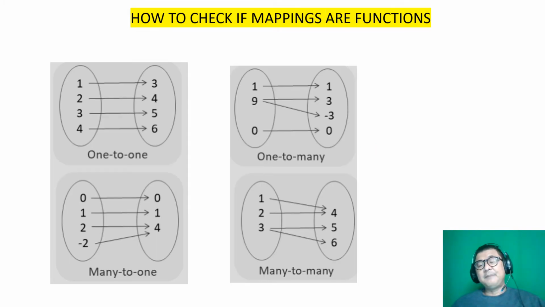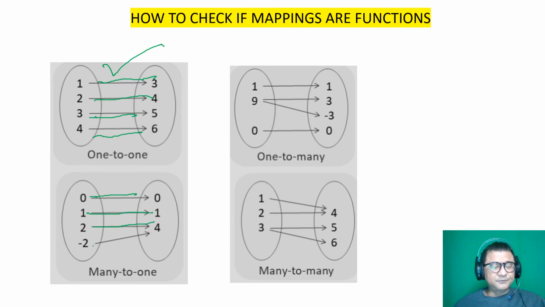Now, in mapping diagram, let's check the first one. 1 has a 3, 2 has a 4, 3 has a 5. Okay, we're good. Function. This has one output, one output. -2 has an output. It just happens to be 4, but that's one output. So that's still a function. I repeat, the y value can repeat itself.